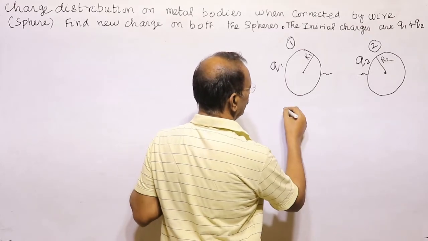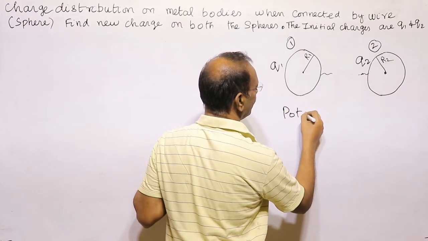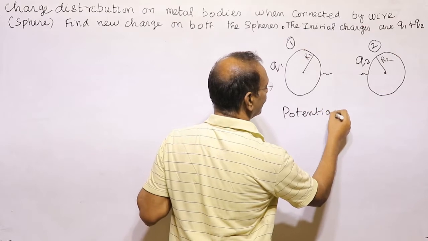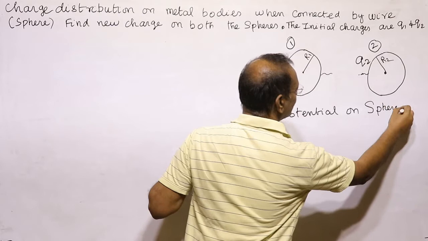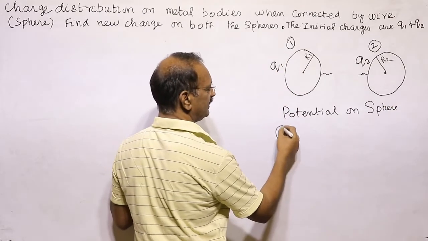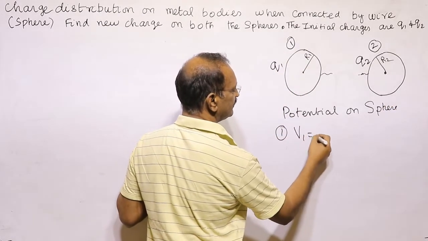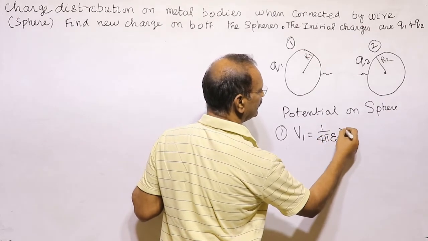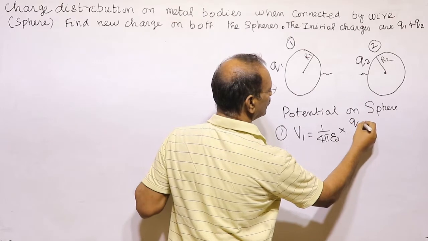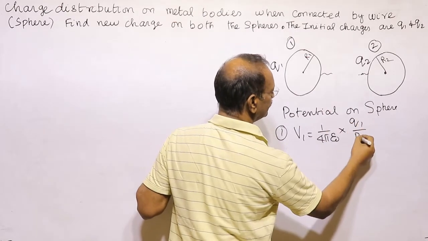So the potential on the first sphere, we'll talk about the first sphere. The potential on the first sphere is equal to 1 by 4 pi epsilon naught into the charge on the first sphere divided by its radius.